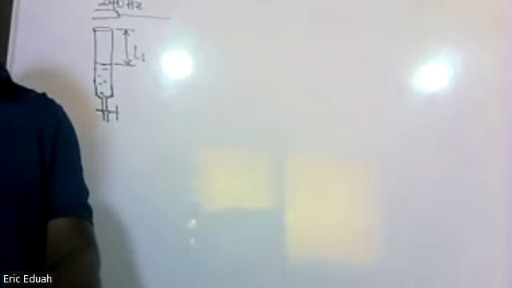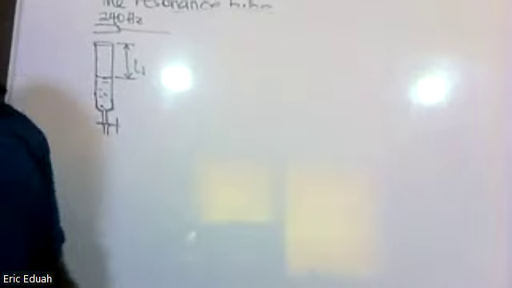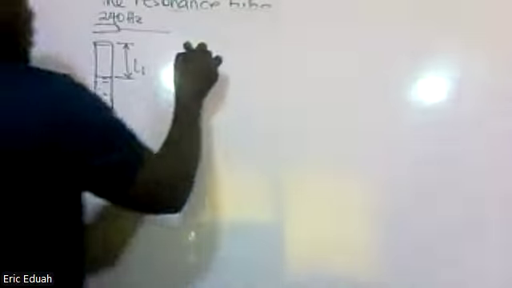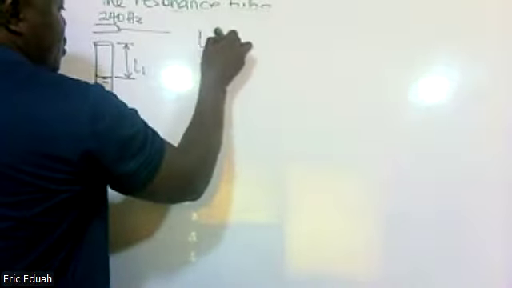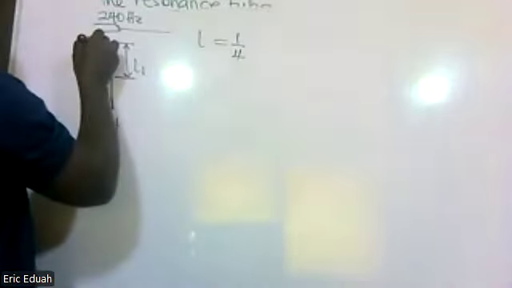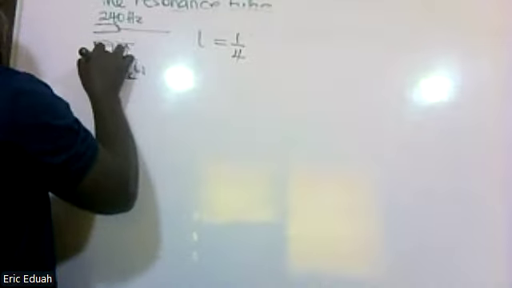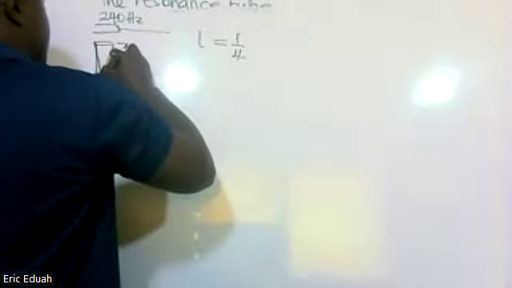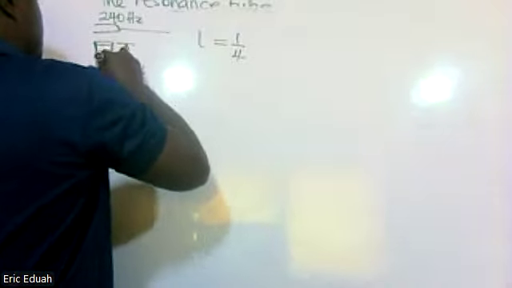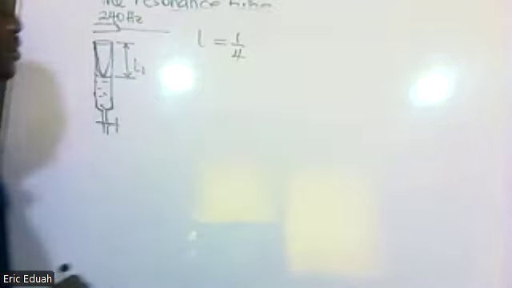Well, F is 240. So L is equal to quarter lambda. Here, we are not given any value for end correction. So we won't consider end correction.